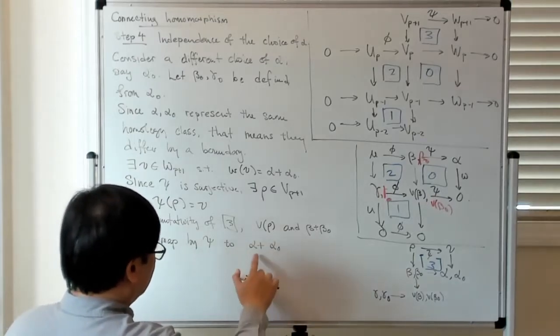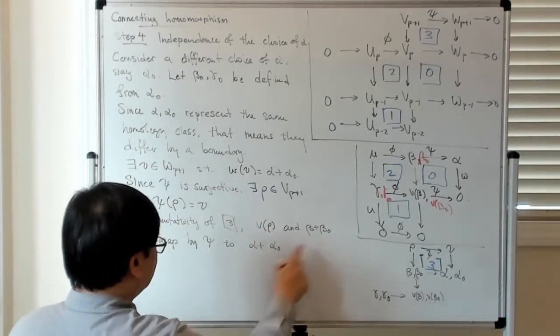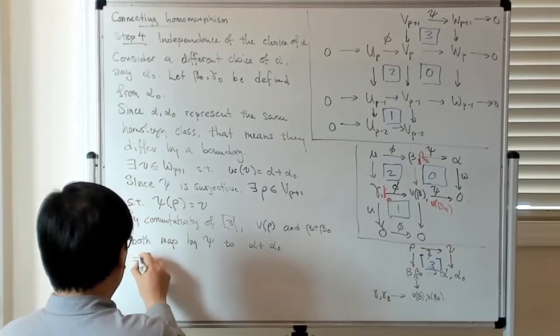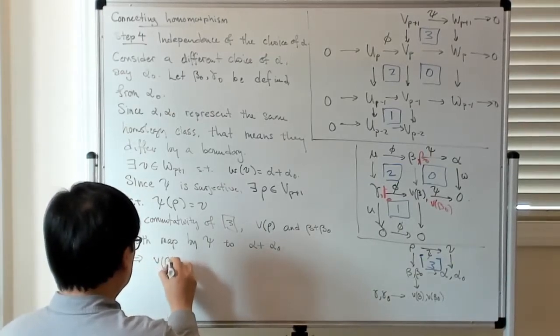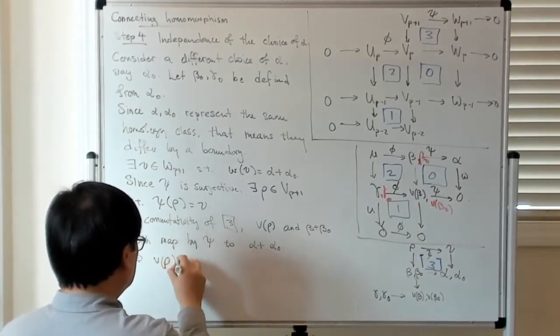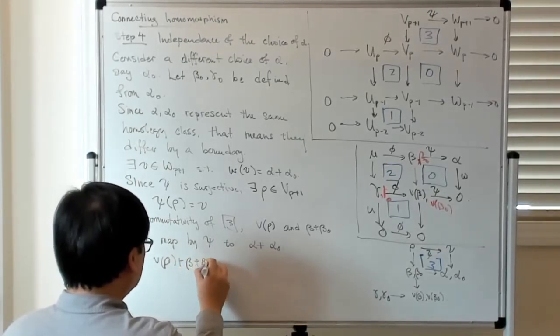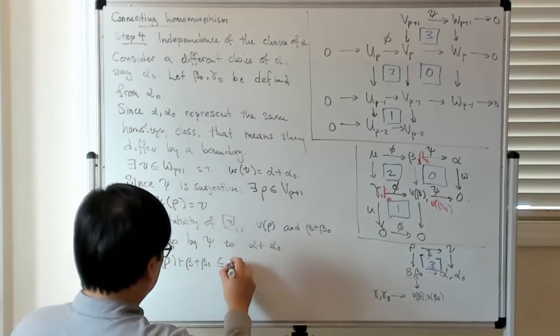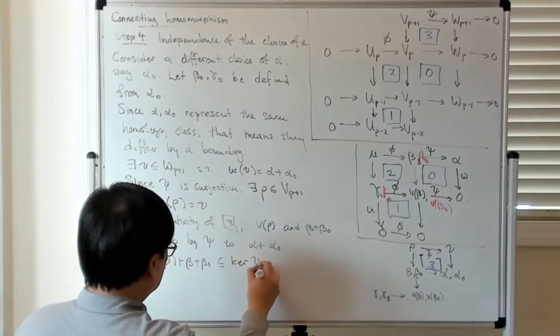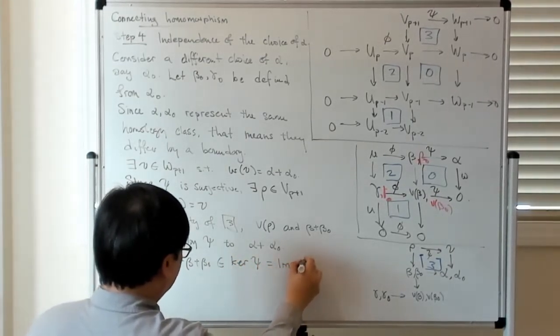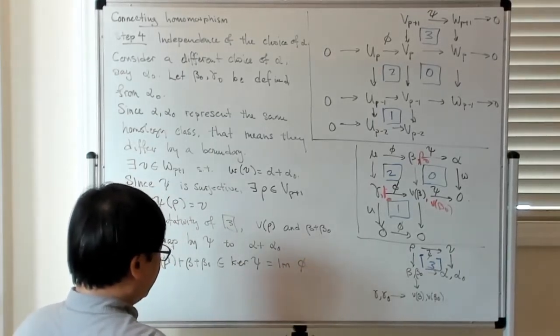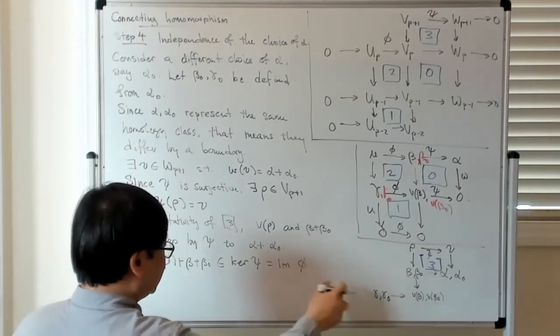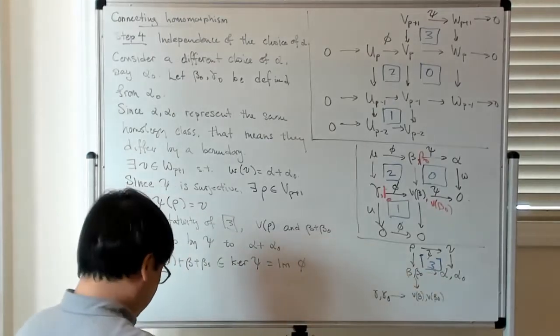So if I add the two of them together, this implies that V rho plus beta 0 is in the kernel of this map, which is the image of phi. Kernel of psi is in the image of phi because, again, exactness at this point here.